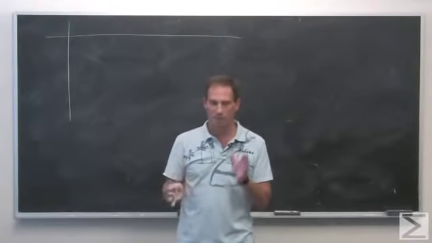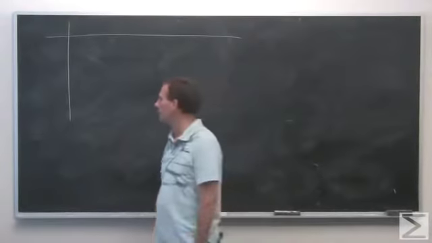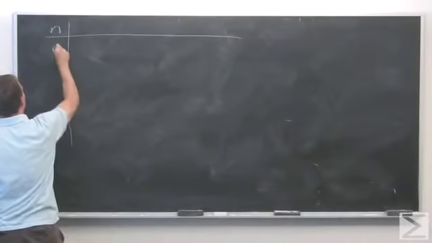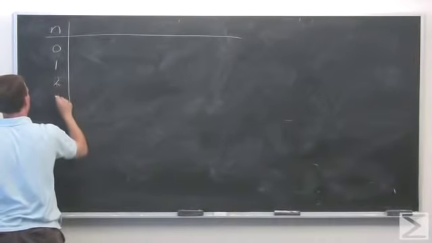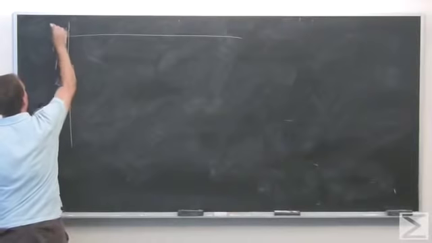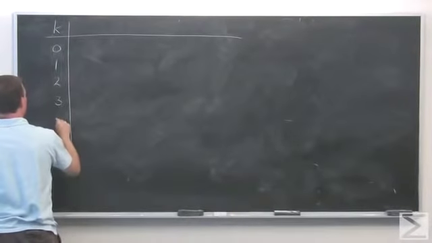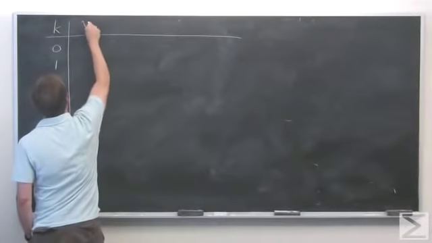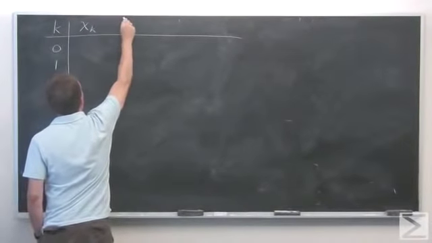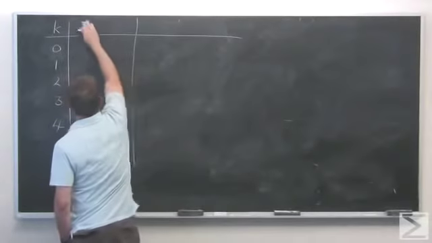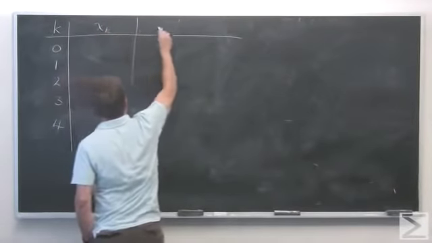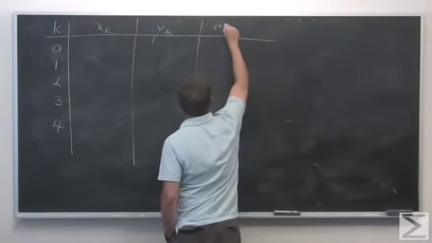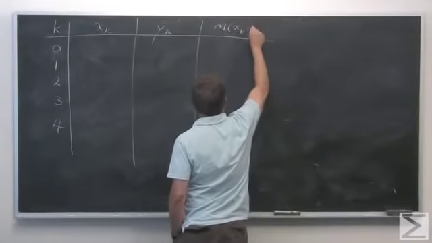It's not terribly important exactly which columns you have for Euler's method. But the columns that I like to have: k, which step of Euler's method we're on, x sub k, a y sub k column, and I like to have an m of x sub k, y sub k column.